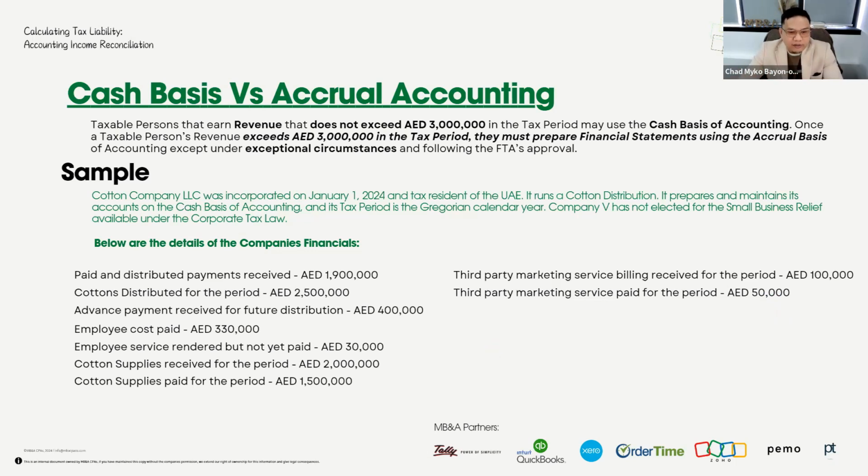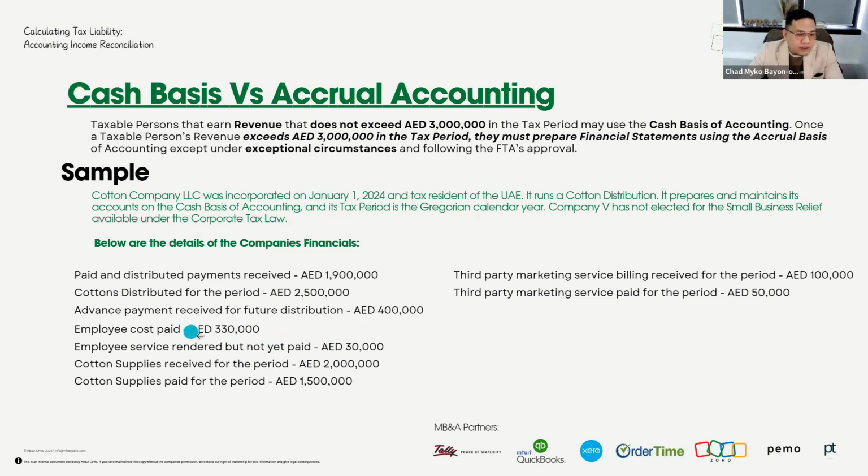Now for accrual accounting, if you're following accrual accounting, then you will be recognizing the actual sales. So here, the actual sales is on the distributed cottons for the period, which is 2.5 million. That's the basis of your revenue. And then the actual expenses that you have incurred.